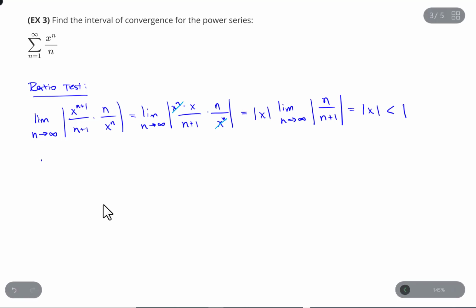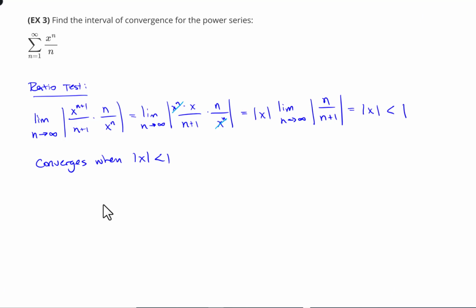So this converges when the absolute value of x is less than 1. What that ultimately means is the radius of convergence here is 1.